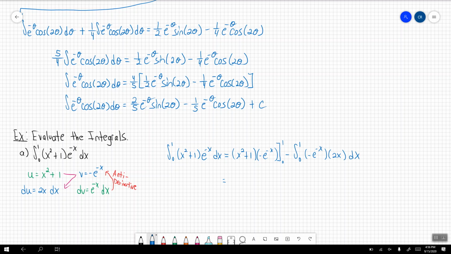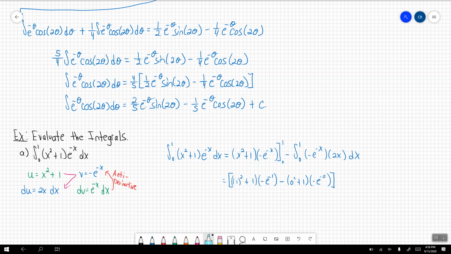Now, let's evaluate this first term from 0 to 1. So this is going to be 1 squared plus 1 multiplied by negative e to the power of negative 1, minus 0 squared plus 1 times negative e to the power of negative 0.